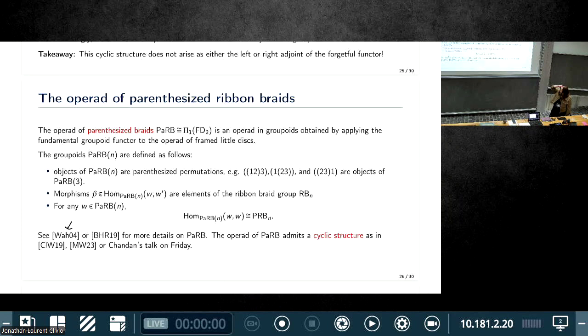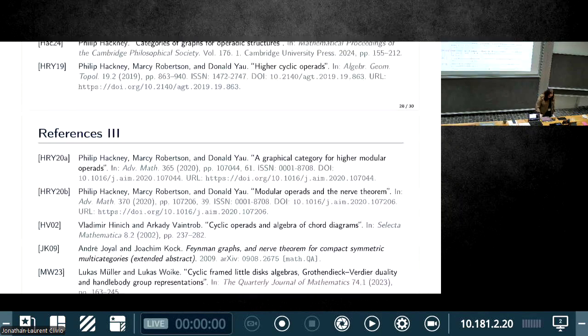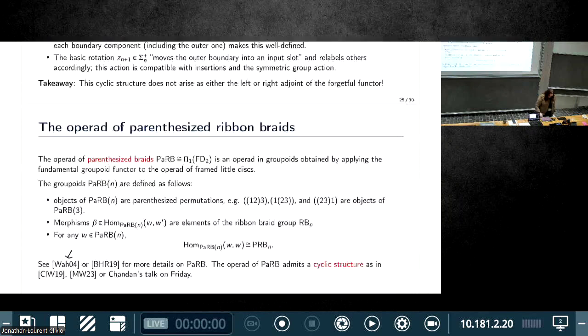So the operad of parenthesized ribbon braids is a groupoid model for framed disks, and this also admits a cyclic structure. It comes from the one I just showed you, and we'll be playing with that a little bit. So it's a sort of unintuitive cyclic structure on braids. Right, I'll stop there. And like I said, there are pages of references on purpose. So sorry about that.